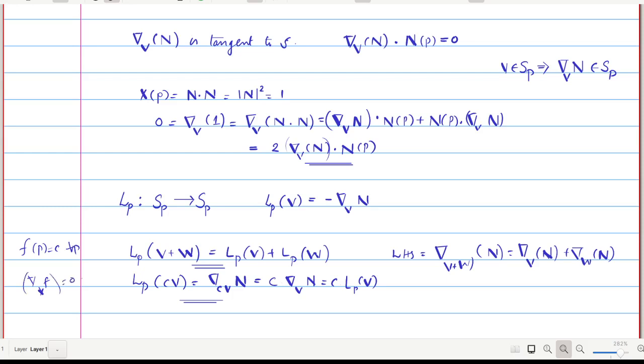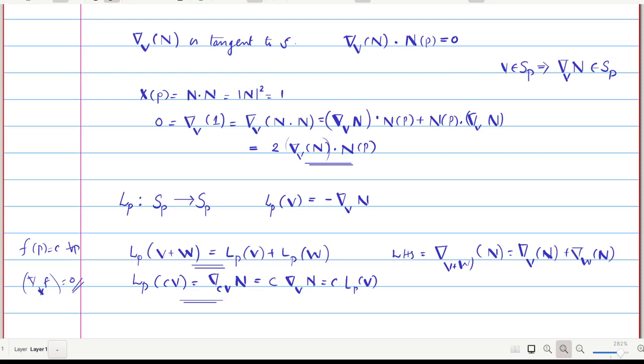So we get C times del V n, that is C times LPV. This shows that LPV, defined to be minus del V n, is always a linear transformation from SP to SP.